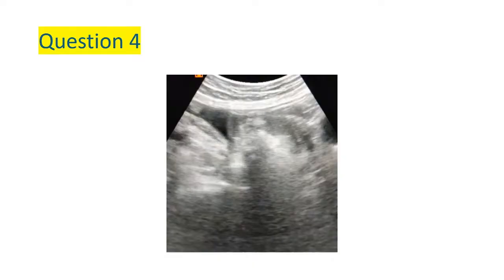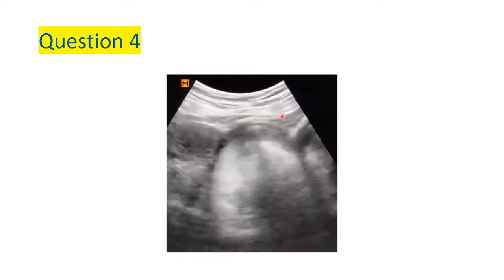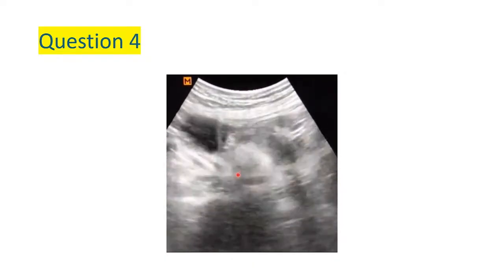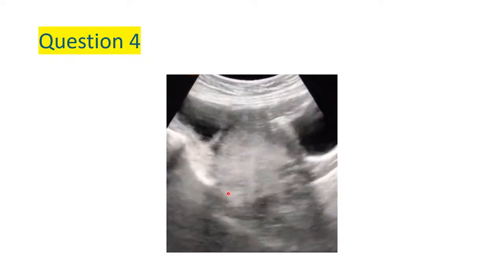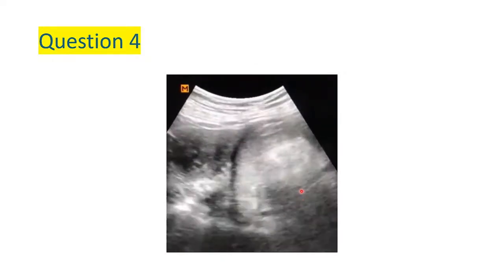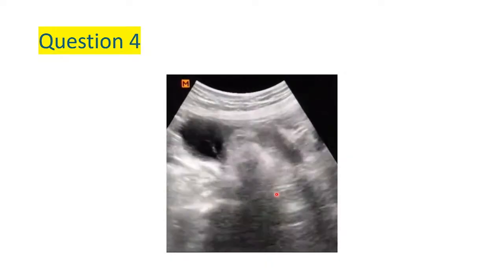So now let's go to question number 4. So you see here, there's this lesion there that you are seeing. You can see this is very echogenic, and then there's a cystic portion, and you see there's posterior acoustic enhancement there. So this lesion, then, ladies and gentlemen, is in keeping with dermoid cyst.